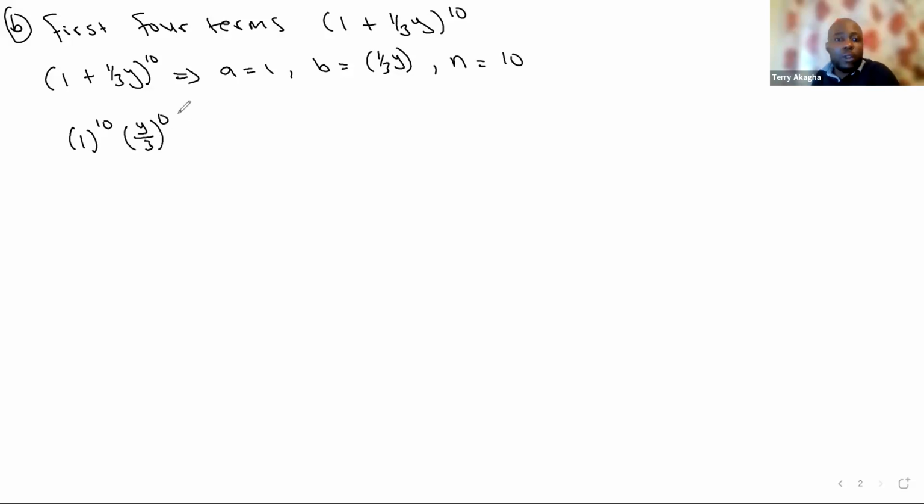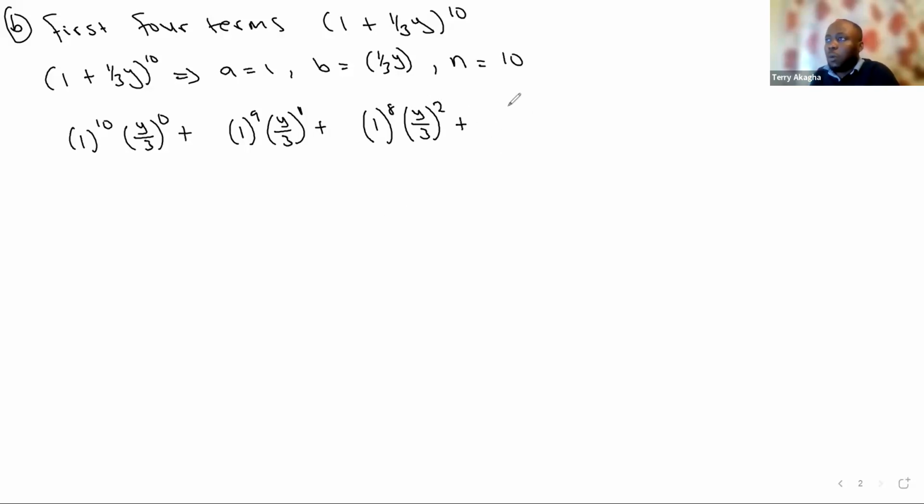Plus the next one is 1 raised to the power 9, y over 3 raised to the power 1, plus the next one is 1 raised to the power 8, y over 3 raised to the power 2. Is that making sense?